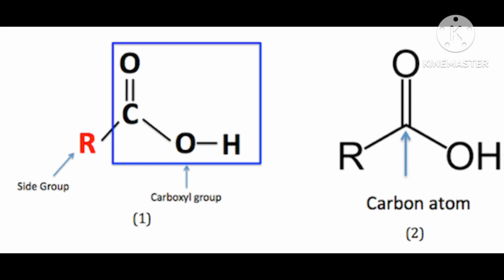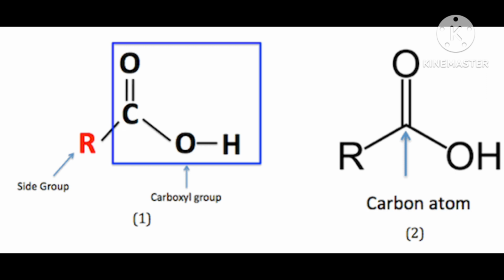Now here, CH3 whole 2, CH, COOH. How many carbons are there? Common name is isobutyric acid.